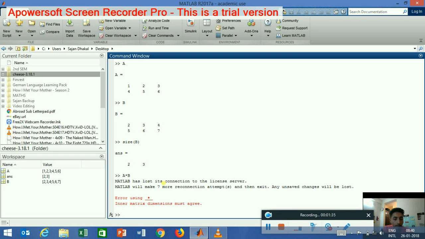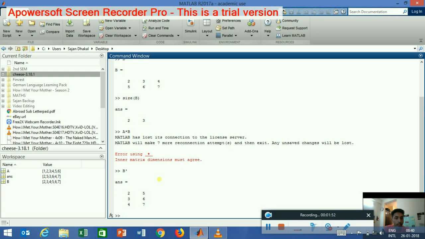We talked about transpose previously, so we could do B transpose. Okay, we got our transpose matrix. Then we do our matrix multiplication and see whether that is possible or not.